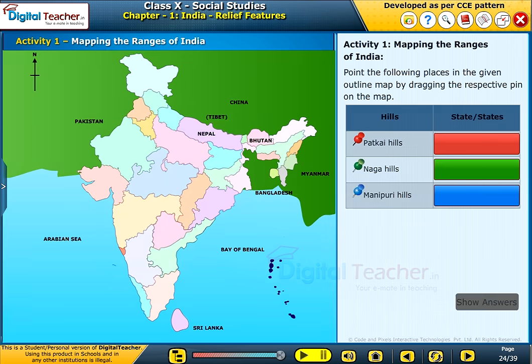Point the following places in the given outline map by dragging the respective pin on the map.